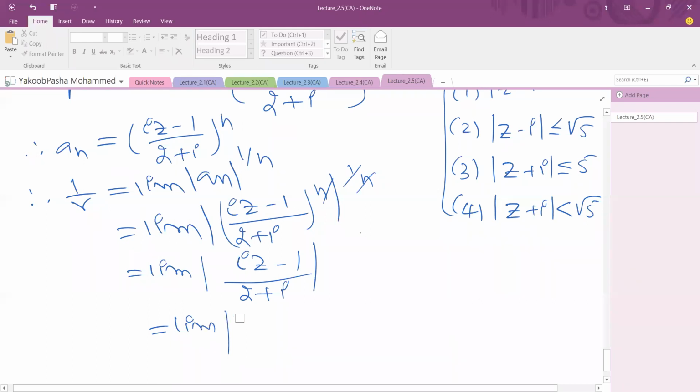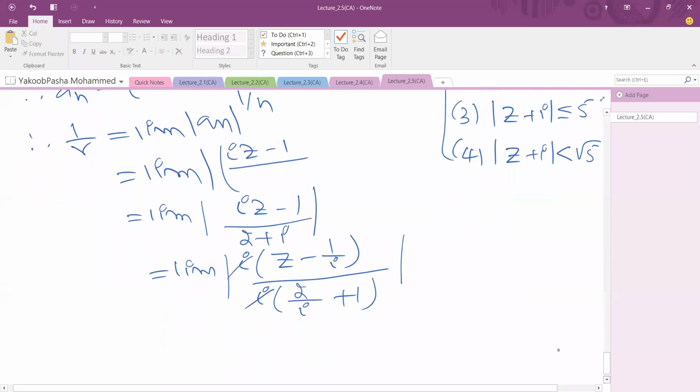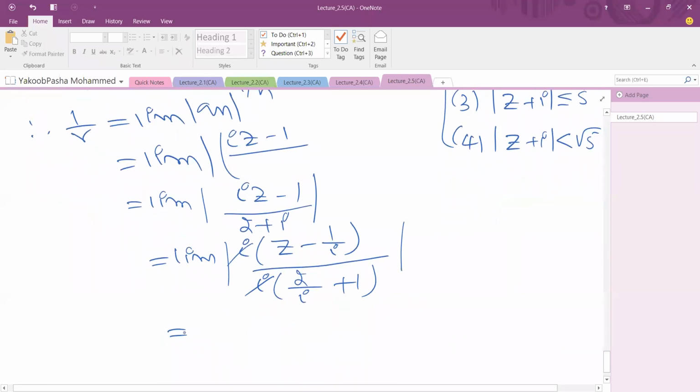So we can take i common in the numerator: z minus 1 by i. In the denominator, we can take i common: 2 by i plus 1. Here i will be cancelled. So when i is cancelled, this is equal to limit z minus 1 by i, which is equal to minus i. Already minus is there. So z plus i.